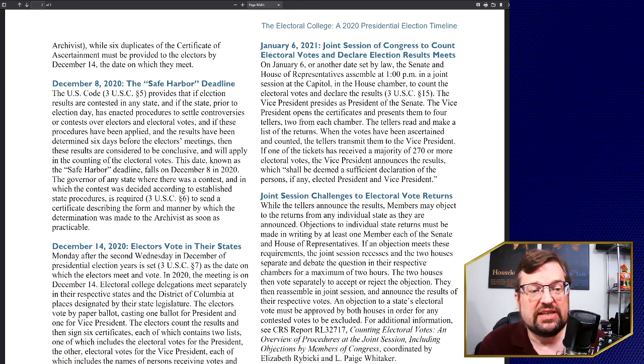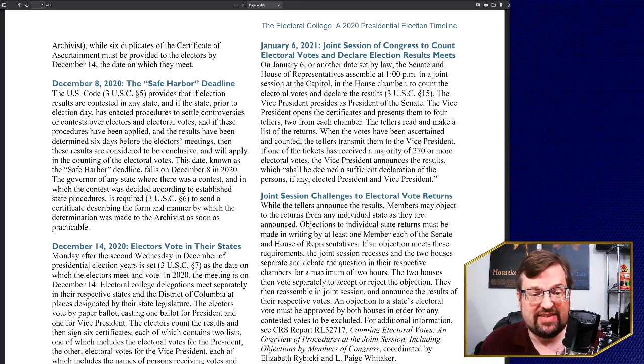If election results are contested in any state, and if the state prior to Election Day has enacted procedures to settle controversies or contests over electors and electoral votes, and if these procedures have been applied and the results have been determined 6 days before the electors' meetings, then these results are considered to be conclusive and will apply in the counting of the electoral votes. This date, known as the Safe Harbor deadline, falls on December 8th in 2020.